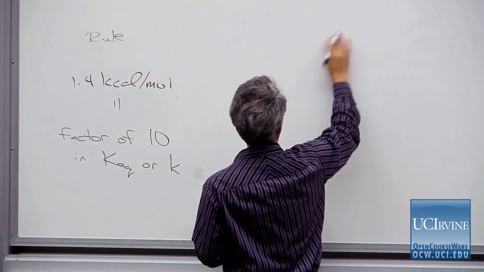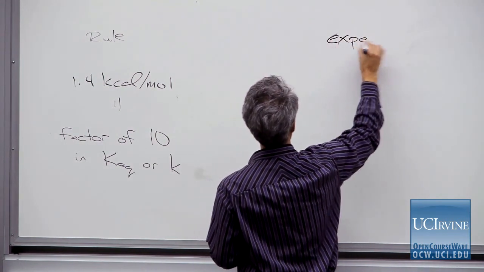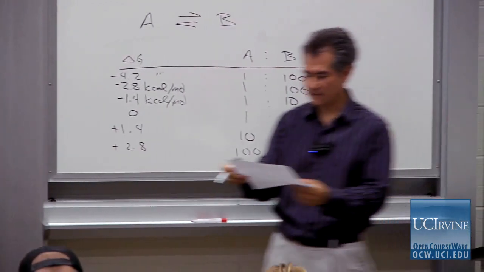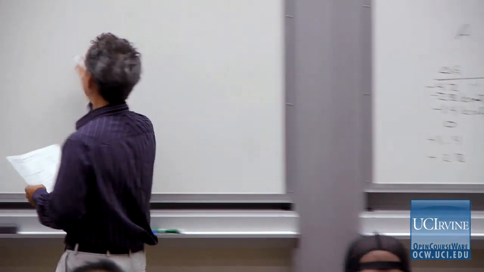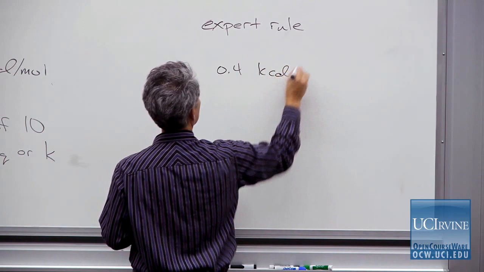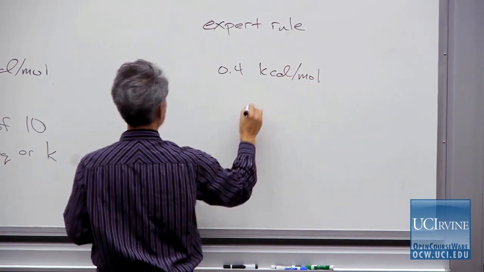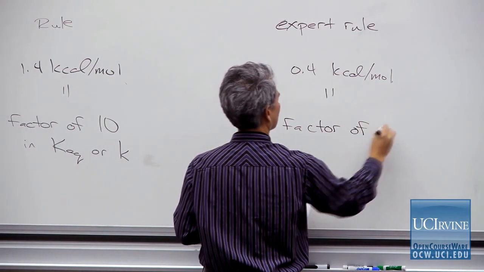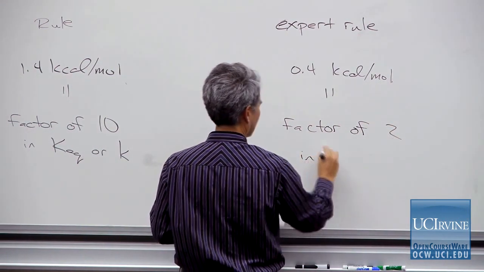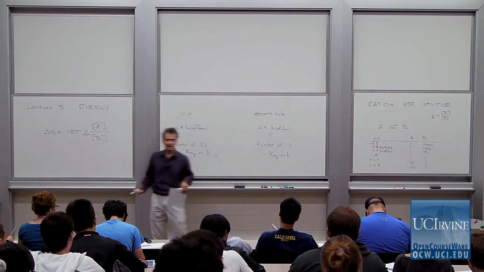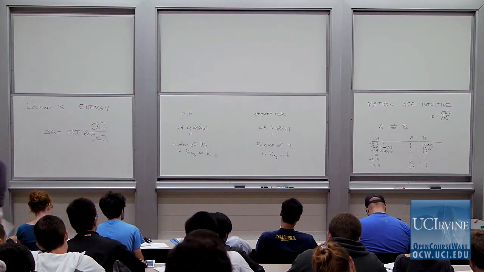I'm not sure how to describe this. I'll call this the expert rule. Once you're really good at 1.4, you're really good at applying this and doing these factors of 10, I'll give you another rule. And that is that 0.4 kcals per mole is a factor of 2.